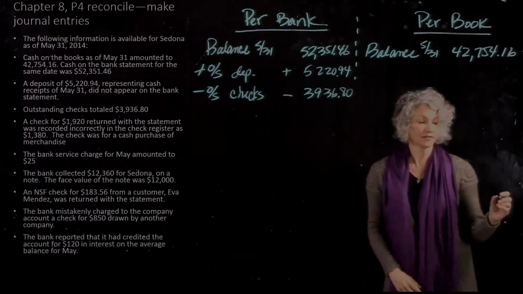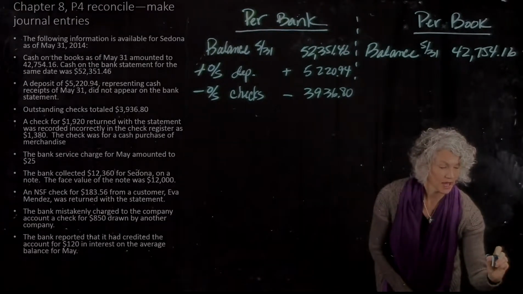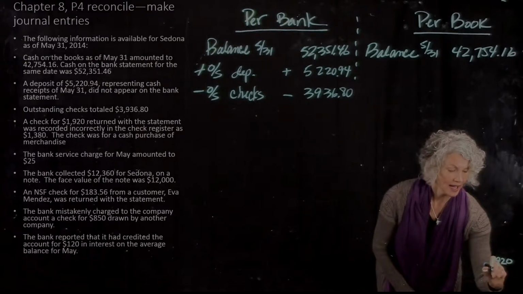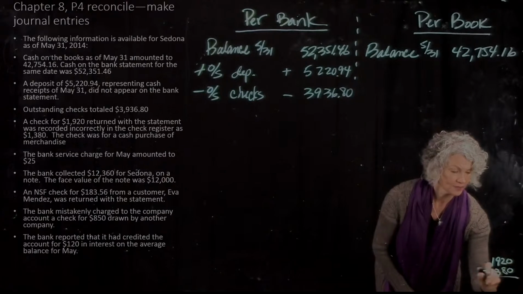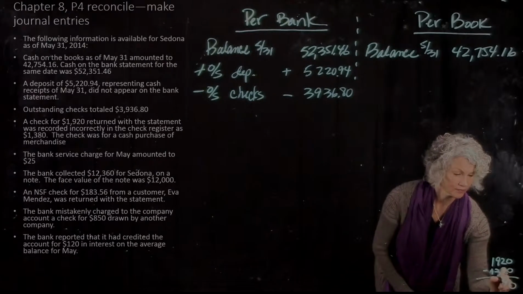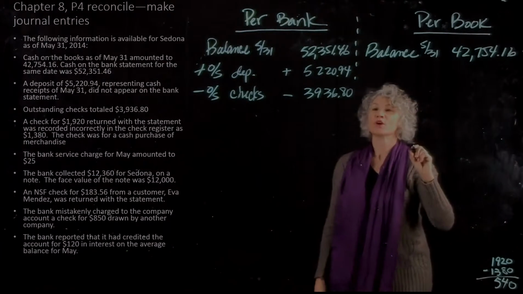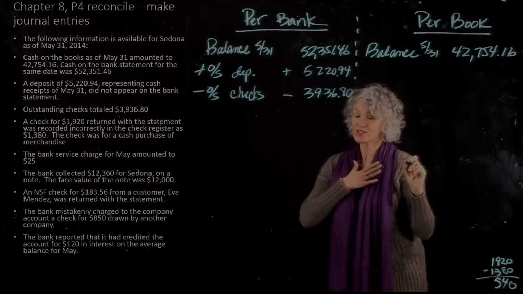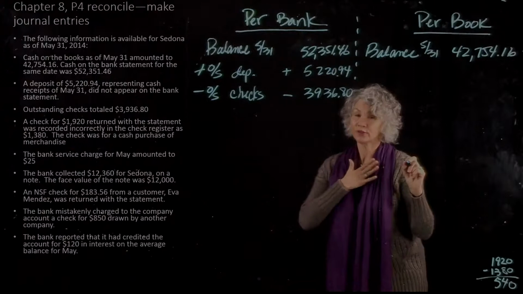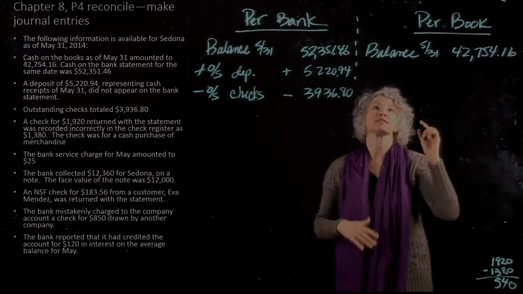So whatever the difference is between $19.20 and $13.80, $5.40. So we need to subtract $5.40 from the books.